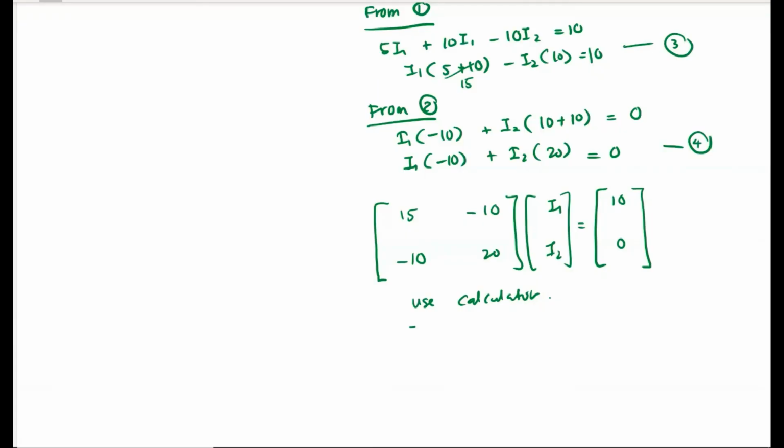The answer for the first one will be I1 is equal to 1 mA. And for I2, the answer will be 0.5 mA. So I'm using a calculator, the fx-570ES Plus, and I choose mode 5 for the equation, and then I select equation number 1.